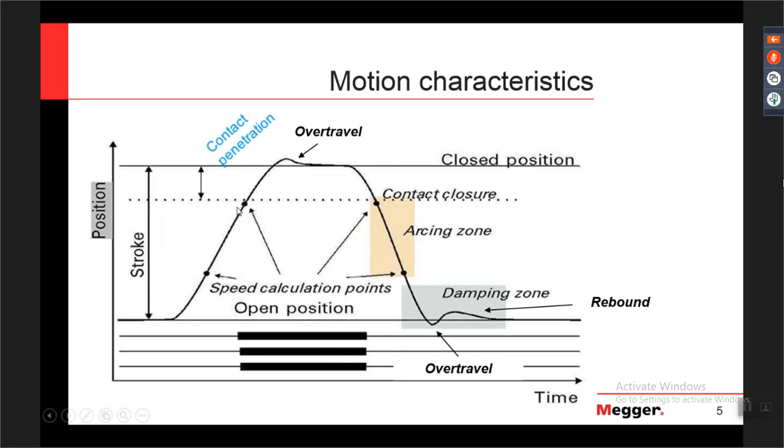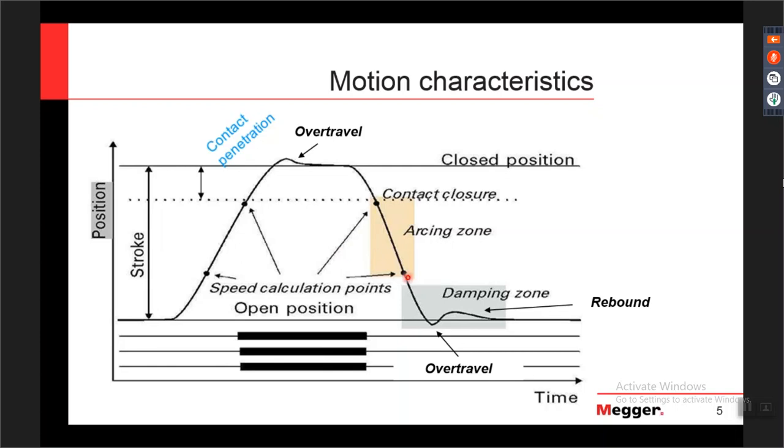However, if there is no such specification, you can always use the default values, which are contact touch and contact separation for closing and opening respectively. And the lower point is 10 milliseconds before, and for opening, 10 milliseconds after the upper point. And that will then correspond to the arcing zone, more or less. The arcing zone is the zone where the arc is supposed to be extinguished.